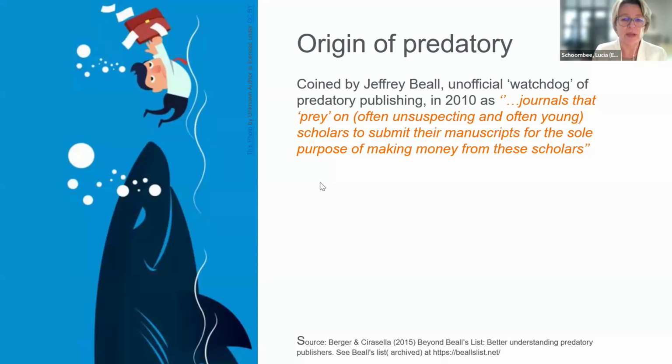He coined the term and started the whole process of monitoring these predatory journals. But it is important to note that although Beall was first to call out these rogue journals, not everybody agreed with his definition and the journals that he included in his list, for various reasons.